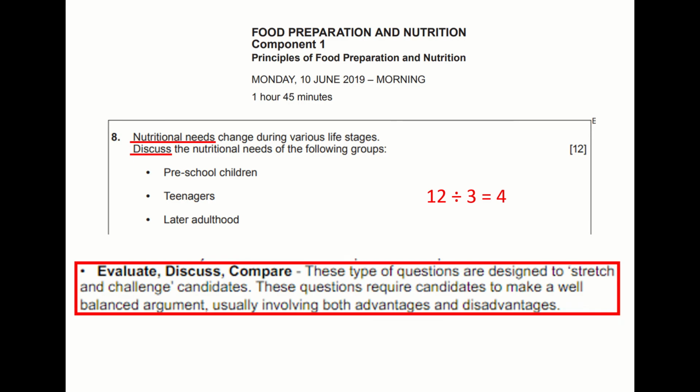So if we break those down in terms of the marks, 12 divided by 3 is 4. So each of these will be approximately 4 marks per section. So again, whilst you're in the exam, it's really important that you understand how it's going to be marked to make sure that you are going to be hitting the mark scheme and getting the marks that you deserve.